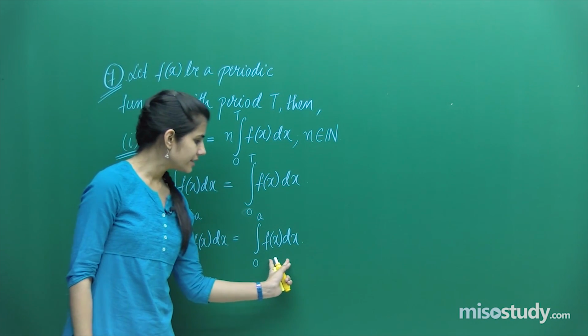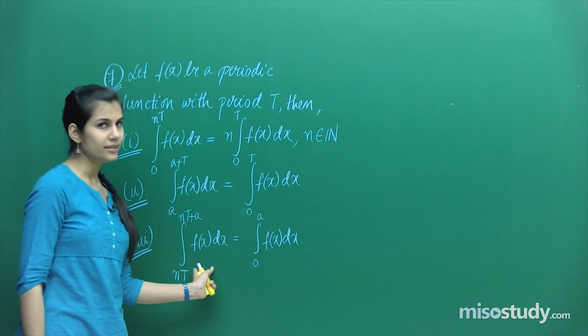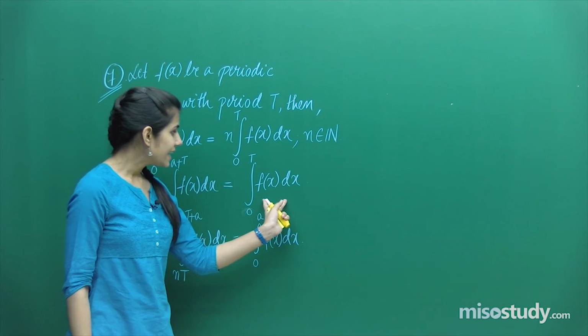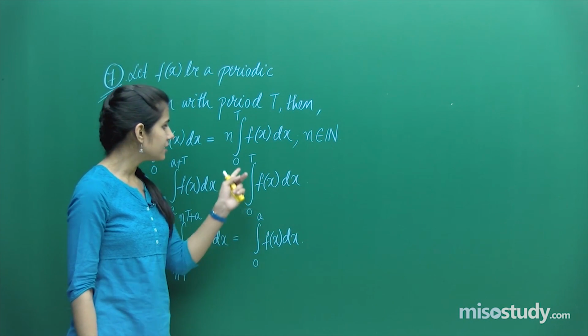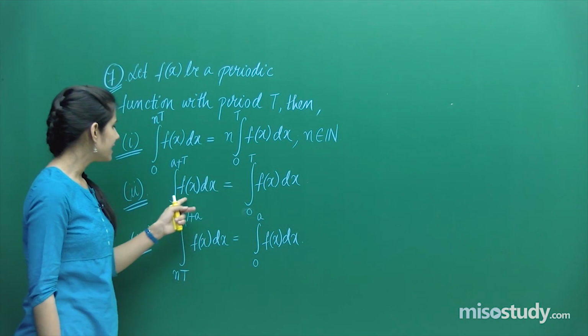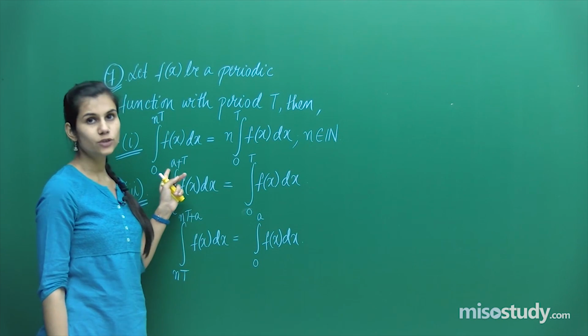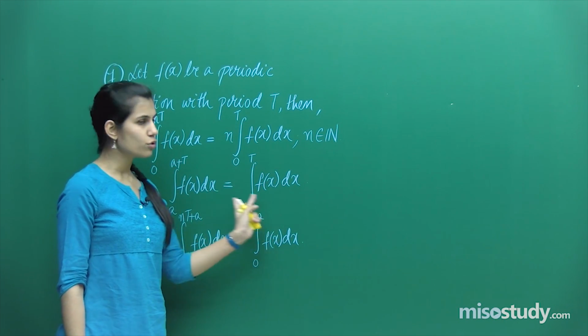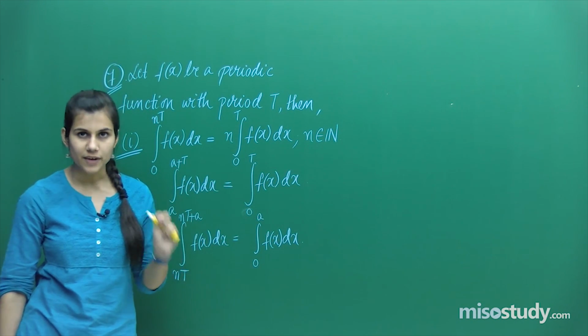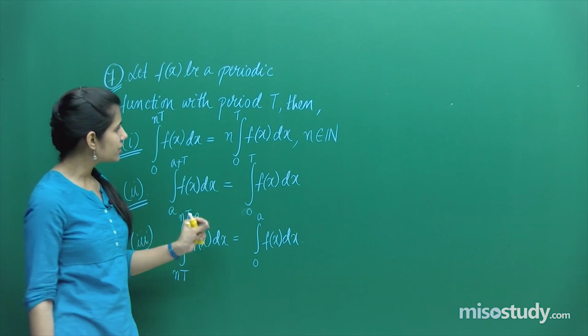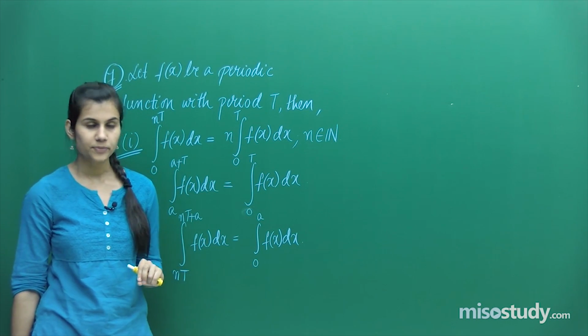So computing this integral is the same as computing this integral. Similarly, the area swept by the function f in the interval 0 to T is the same as the area swept by the function f in the interval a to a plus T. Therefore, computing both of them is going to give me the exact same values of the definite integrals, is what is said by these properties.